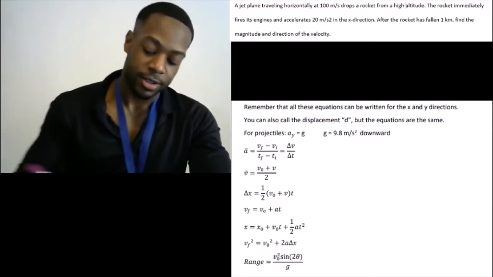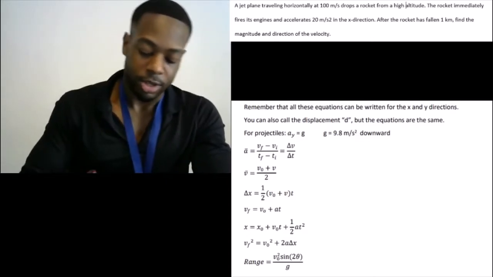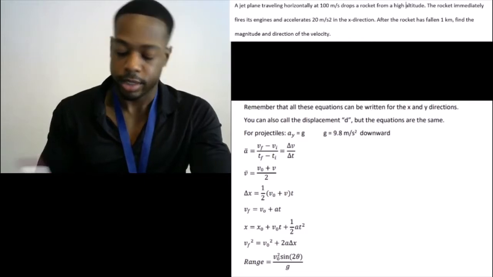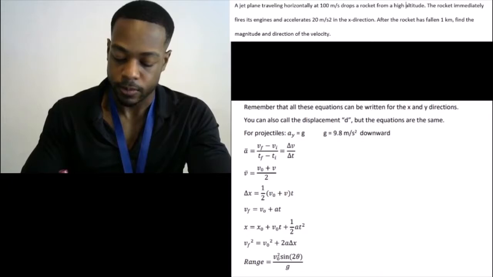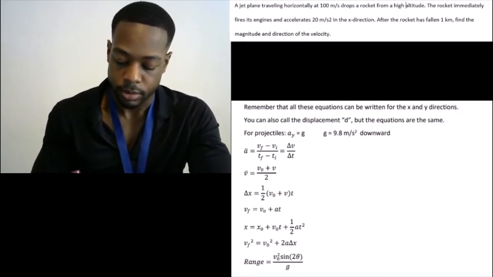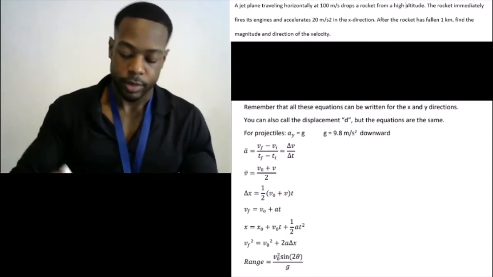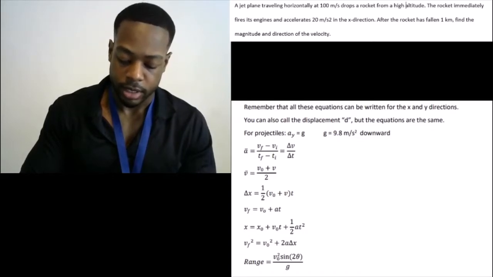So let's draw this actually. So you're going to draw the plane. It's going. It's got the initial velocity. It drops the rocket. The rocket keeps that same X velocity, but it gathers a new Y velocity.